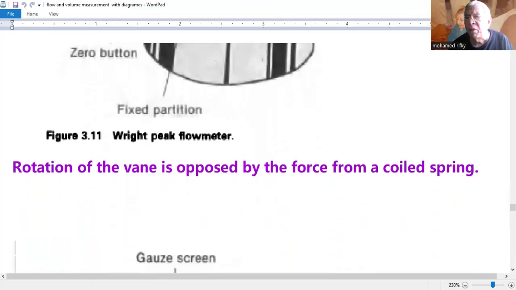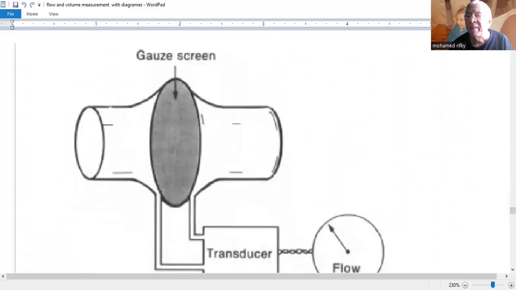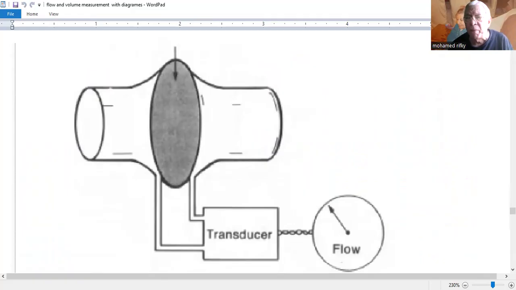Of course, as we said, the rotation is opposed by a coil spring, and this is the pneumotachograph. One of the methods I didn't mention maybe in full detail. This is the mesh, a large mesh to assure laminar flow.